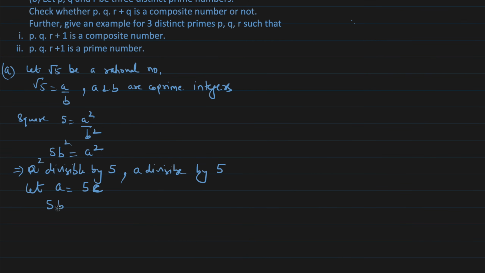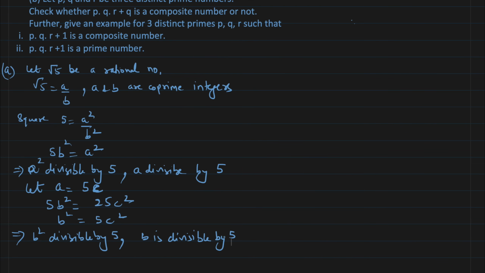So put it back. Here 5b square is 25c square. So b square is 5c square. So this implies b square is divisible by 5, or b is divisible by 5.